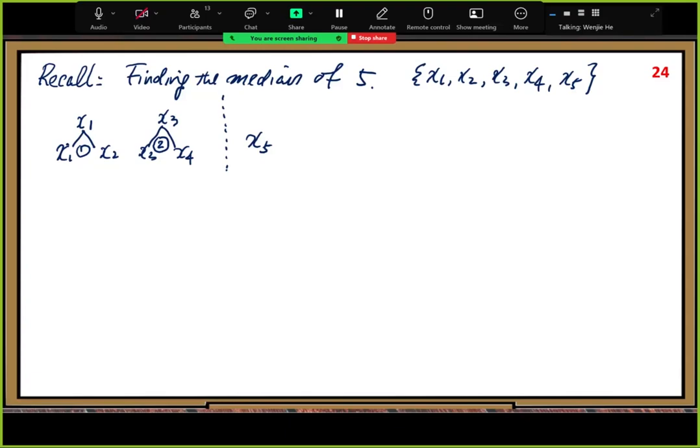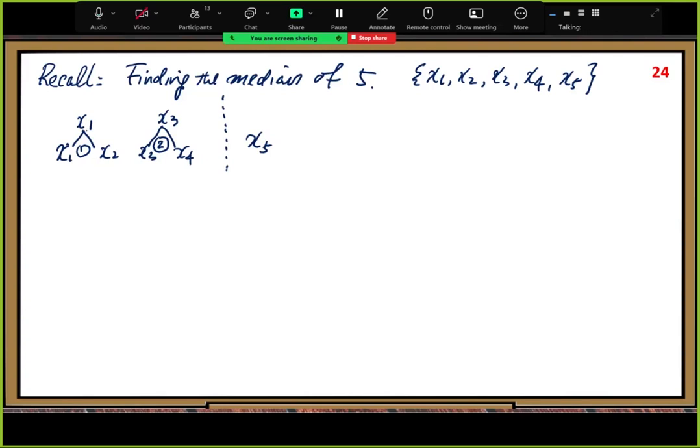We do not include x5 in the first round processing. Why? This special treatment is important in solving this problem.